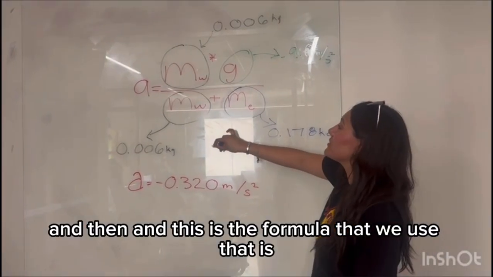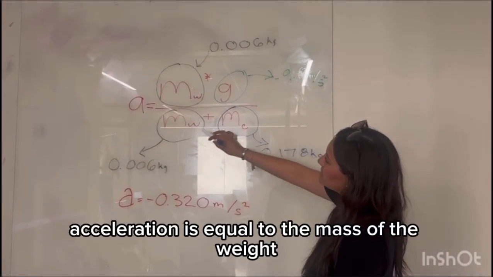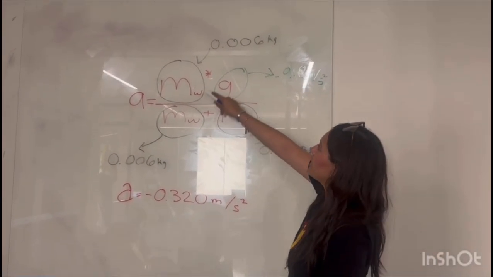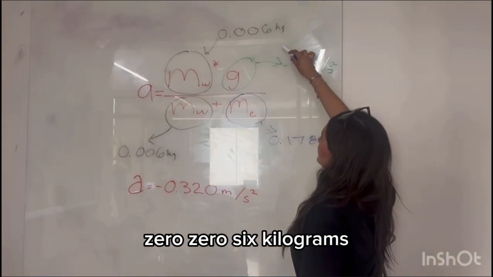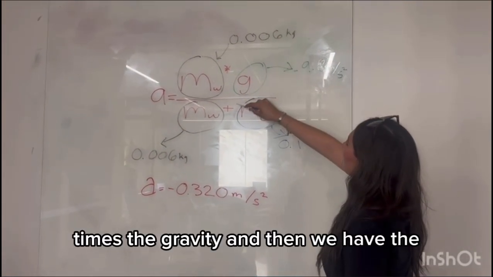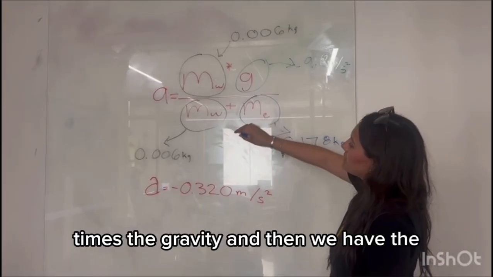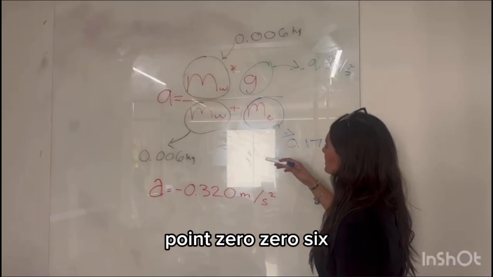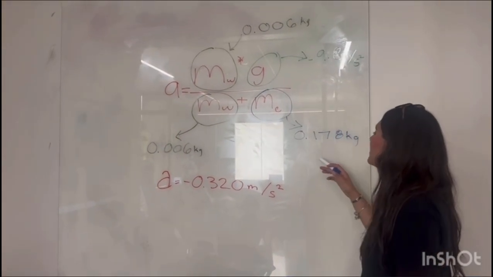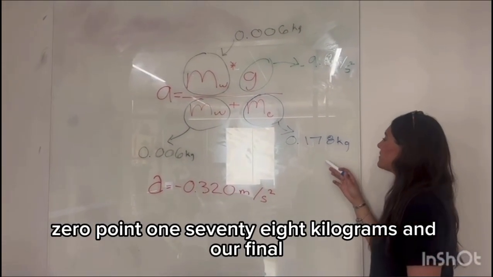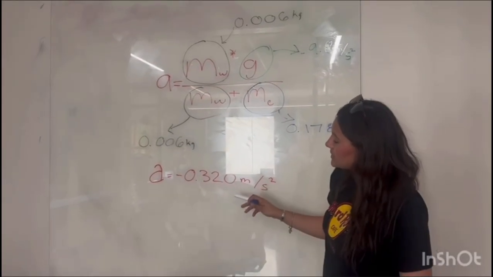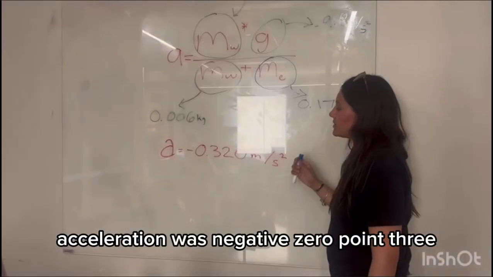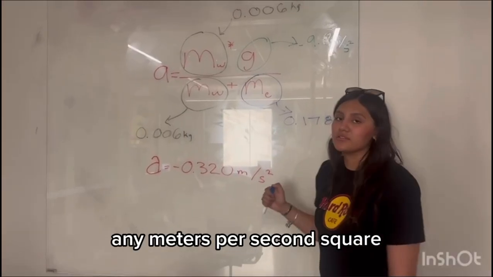The formula is acceleration equals the mass of the weight, 0.006 kilograms, times gravity, divided by the mass of the weight, 0.006 kilograms, plus the mass of the car, 0.178 kilograms. Our final acceleration was negative 0.320 meters per second squared.